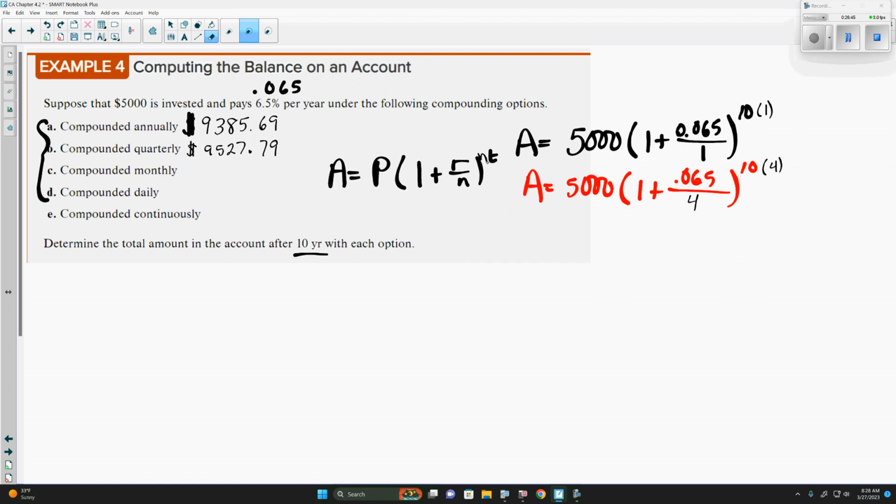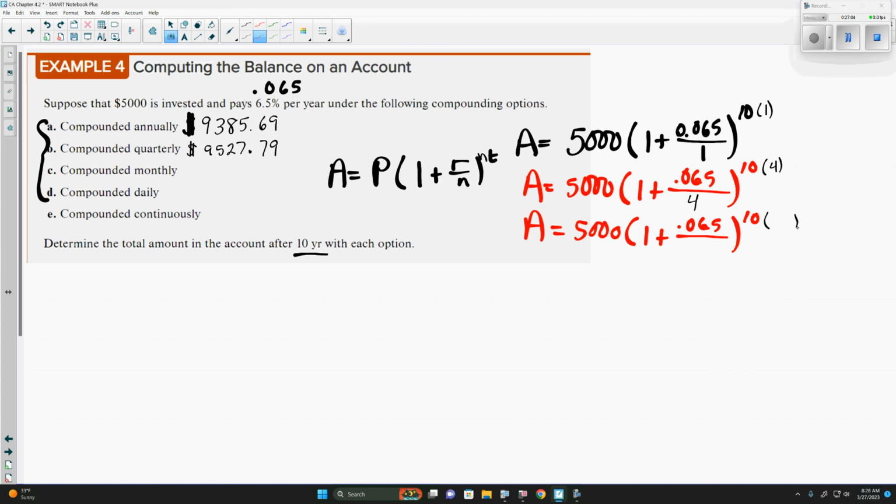Now we can look at the next one. $5,000, 1 plus 0.065 to the 10th. But the next one is monthly.